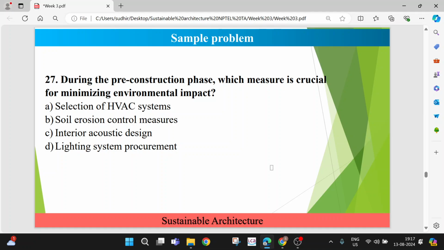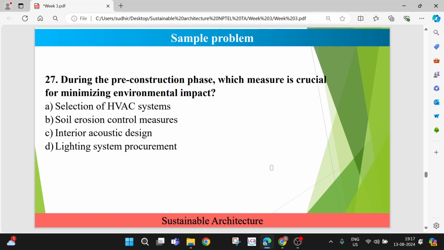Regarding that, whatever doubts there will be, and the solving session, or this brief introduction session on the utilization of the software, I will be conducting in the subsequent lectures.